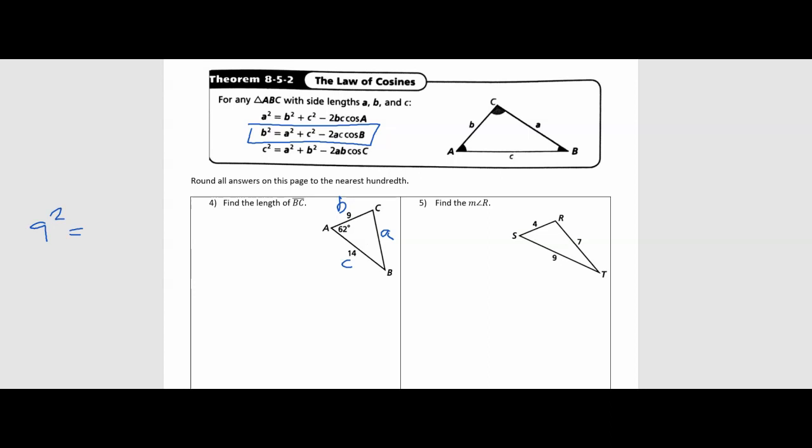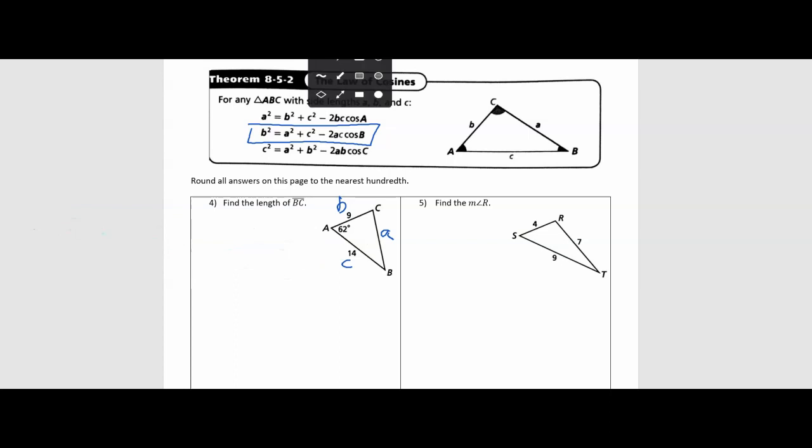Then I'd have A squared, which I don't know, plus C squared, so 14 squared, minus 2 times A times C, so 2 times A times 14, times cosine of big B. Well, I run into a problem there, right? Because I don't know B, which means I don't know cosine of big B. So right here, I already have two variables, so that equation is not going to work. So the second one doesn't work.